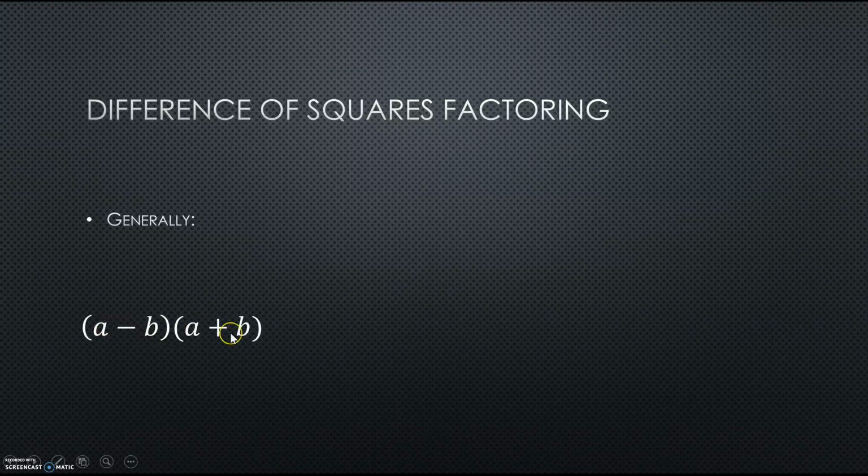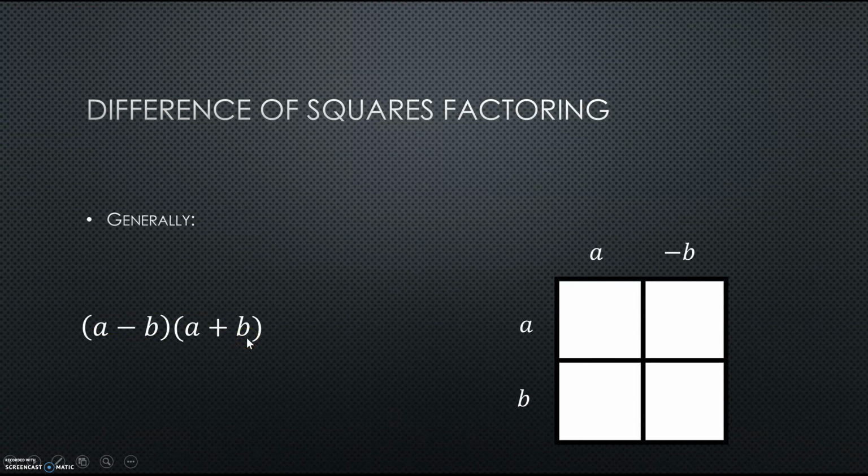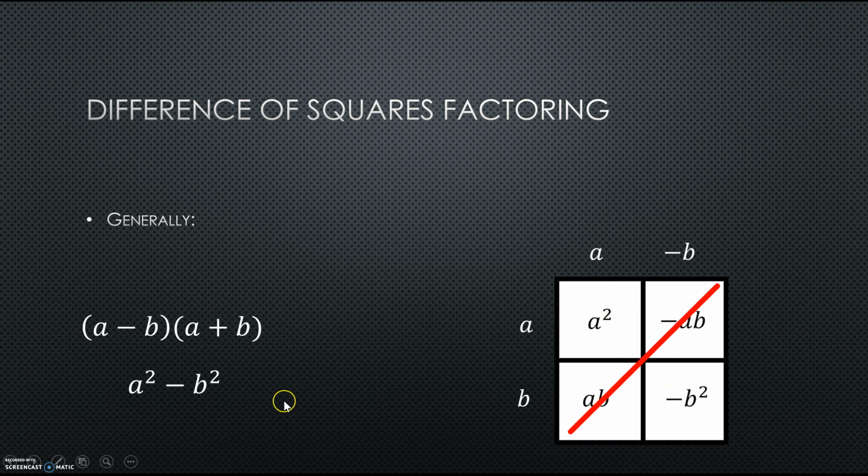If I take a minus b and multiply it by a plus b, I get a squared, then minus ab, then plus ab, then minus b squared. This diagonal cancels, and all I'm left with is the first term squared minus the second term squared, which is what we call a difference of squares.